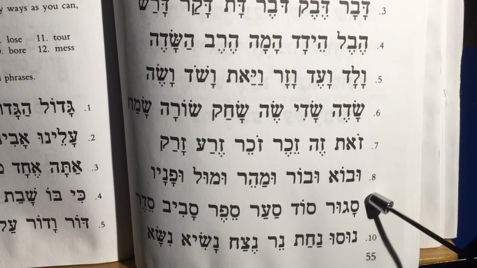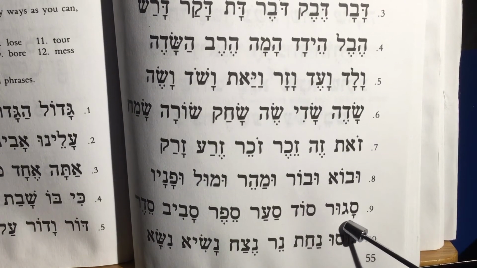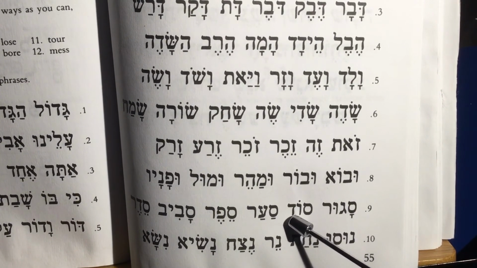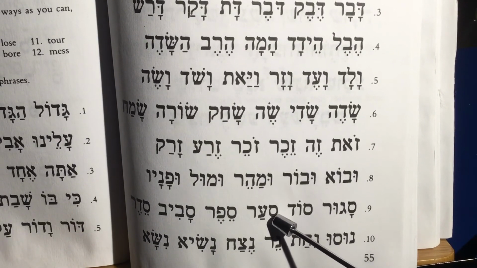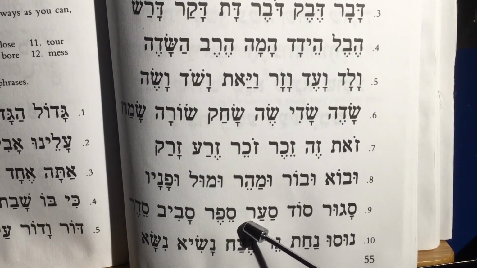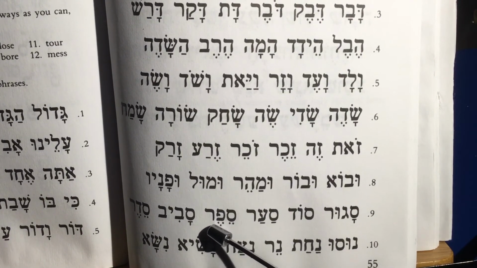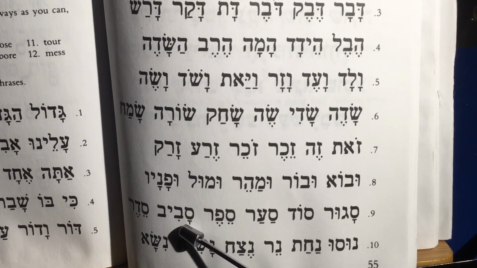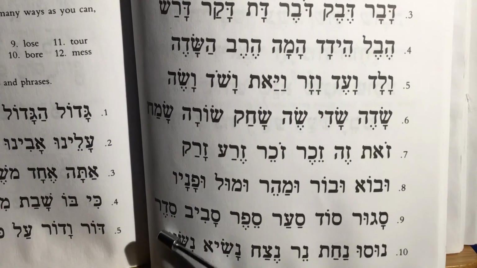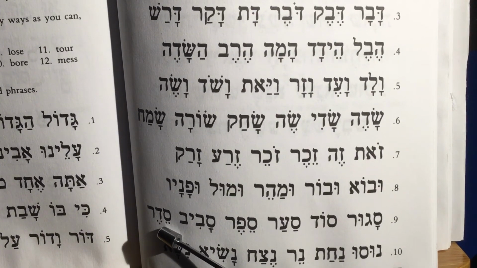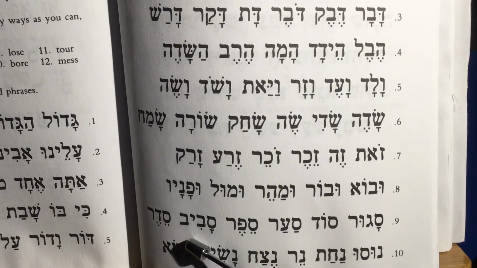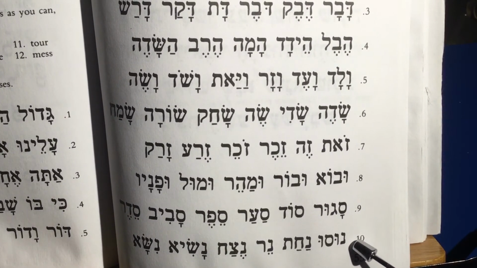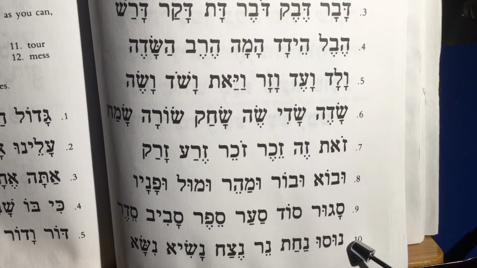So this be Sagur, Sod, Sa ar, say fair, sa aviv, and say there, and verse 2 is a sar or esser. You can say sar, esser.